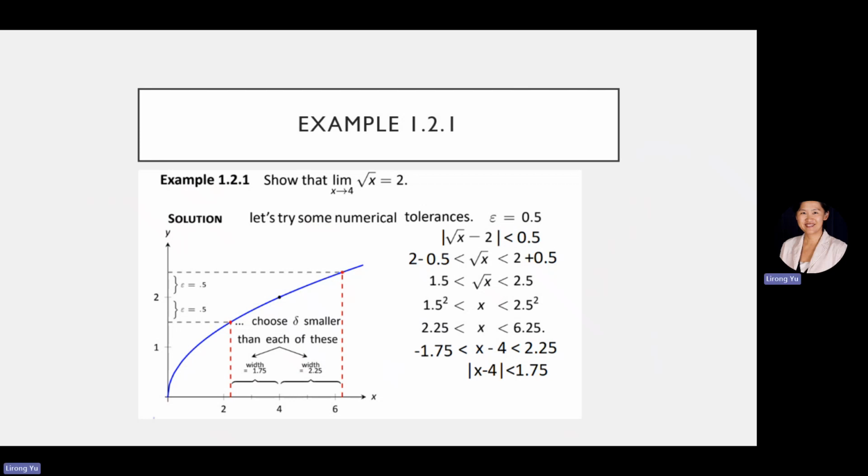So I'm trying to illustrate the relation between delta and epsilon. Hypothetically speaking, if the epsilon is 0.5, that is our requirement. This is the requirement we want to satisfy, and this is the action we have to take to satisfy the requirement.